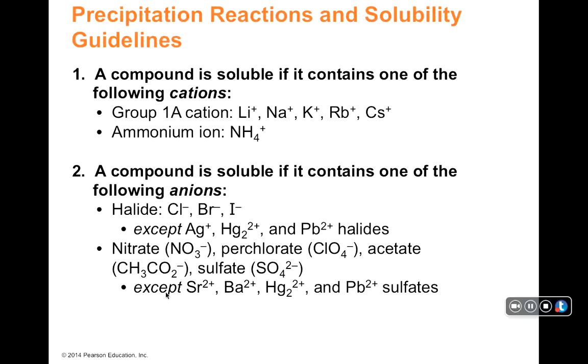If you have a cation that's not listed there and it doesn't follow anything under rule 2, then you would say that that's insoluble as well. Okay, so you have to look carefully at all of the rules to figure out if it meets any of the solubility requirements. If it doesn't, or if it falls into one of those exception categories, then you have something that will be precipitating out.